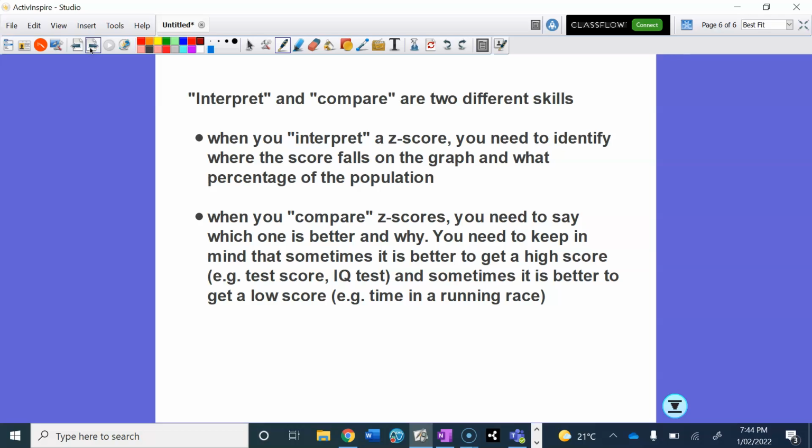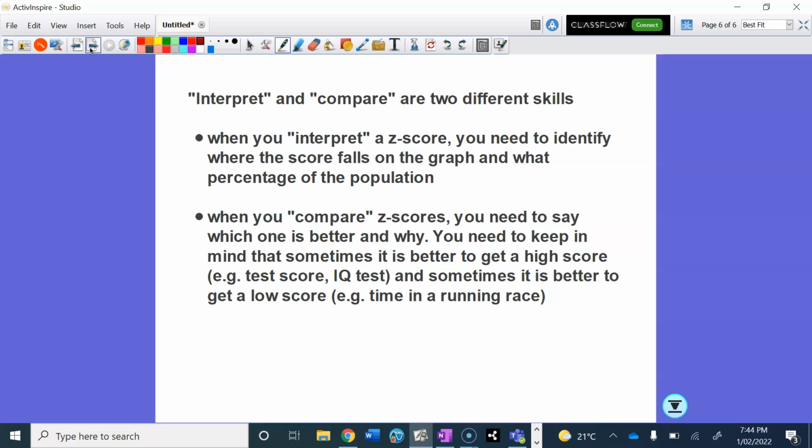Maybe you might want to make some notes about this. When you're interpreting a score, you need to identify where the score falls on the graph and what percentage of the population she is in. And when you compare, you basically need to say which one's better and why.